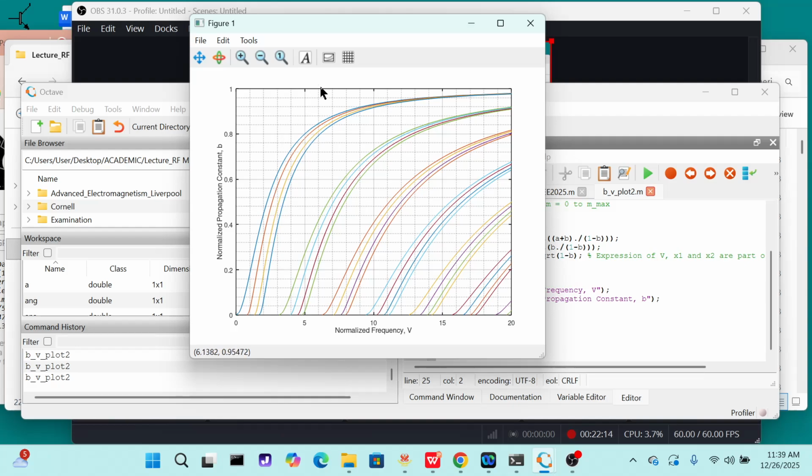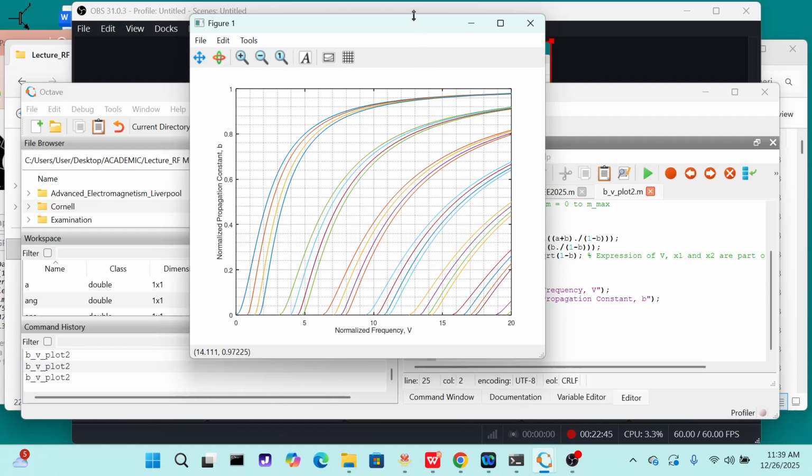And we got all this mode characteristic for all mode numbers. This is the family of curves for mode 0, and this one is m equal to 1. This one, m equal to 3, m equal to 4, m equal to 5, and m equal to 6.